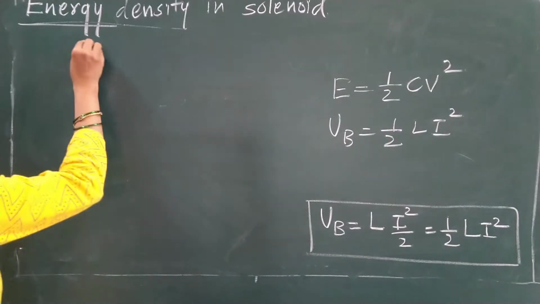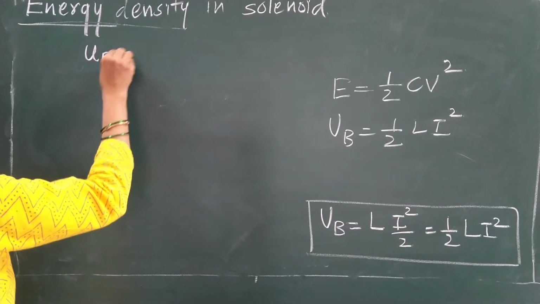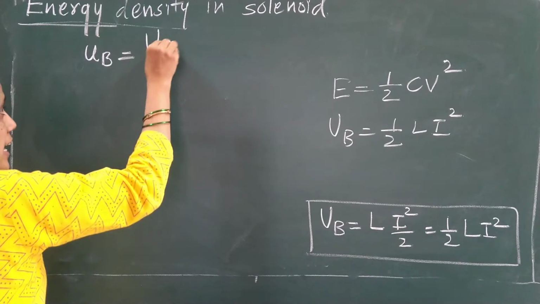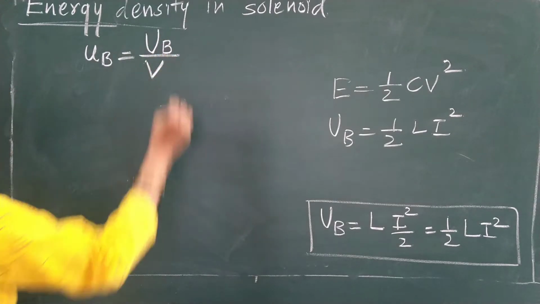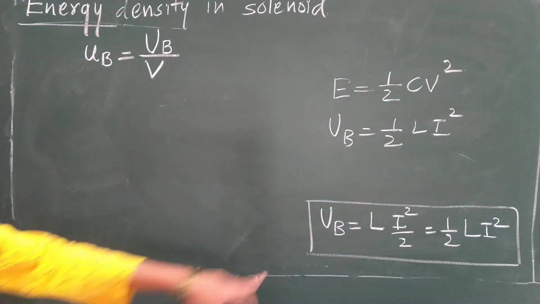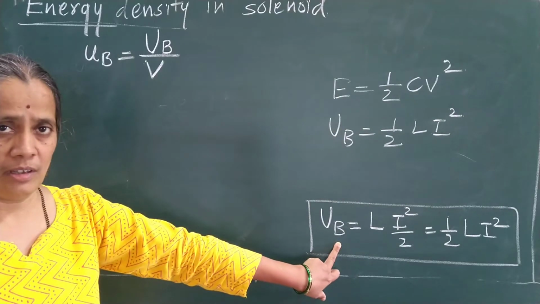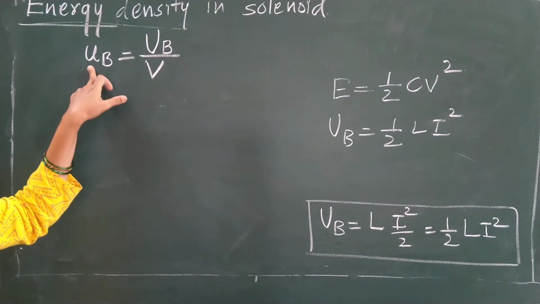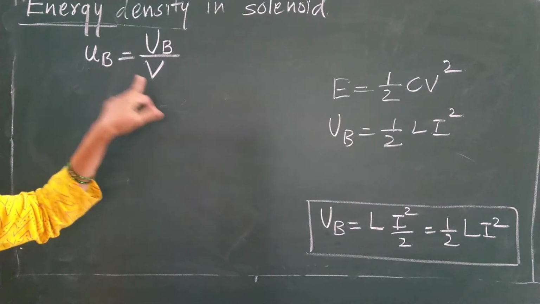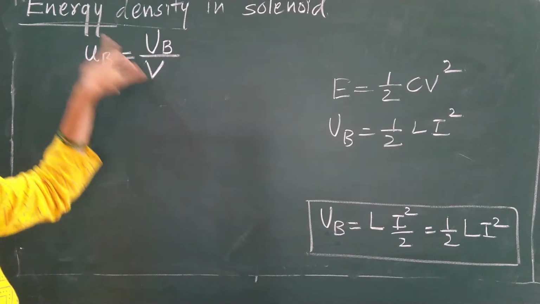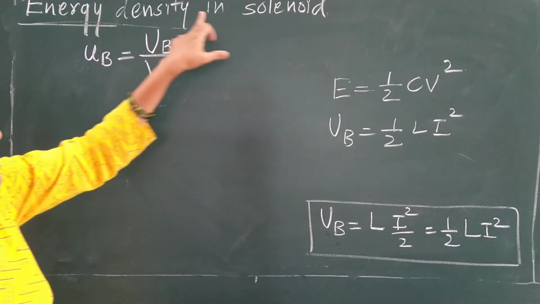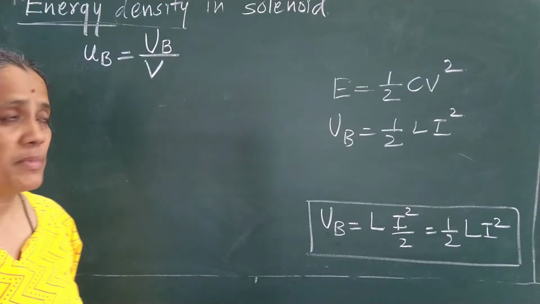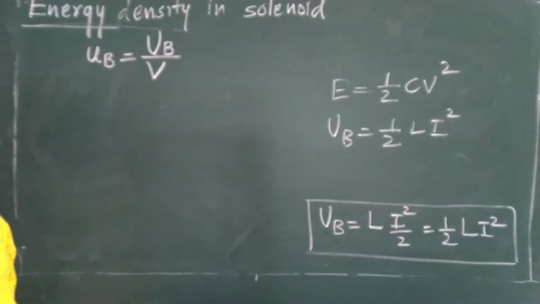Energy density is denoted by the letter small u_B, which is nothing but magnetic energy per unit volume. Already we have the magnetic energy. So this magnetic energy per unit volume is called energy density. Now which volume can we take? I want to find the energy density in a solenoid, which means I have to consider the volume of the solenoid.